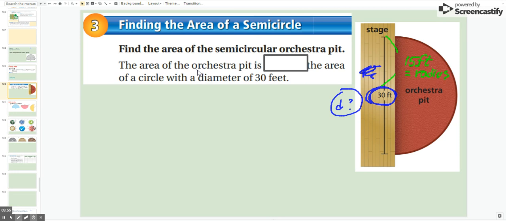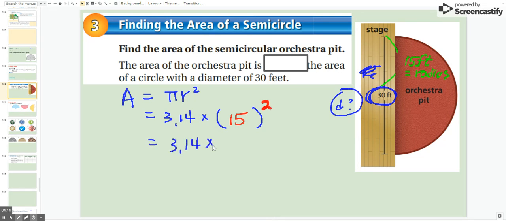So now let's find the area of the circle. Area was pi r squared. 3.14 times r squared, which is 15. Don't forget to put the square. So it's going to be 3.14 times 15 times 15. 15 times 15 is 225.